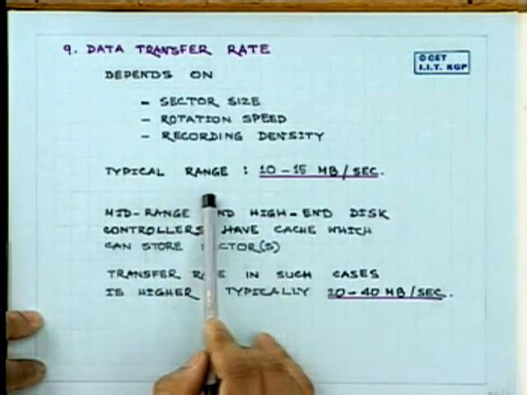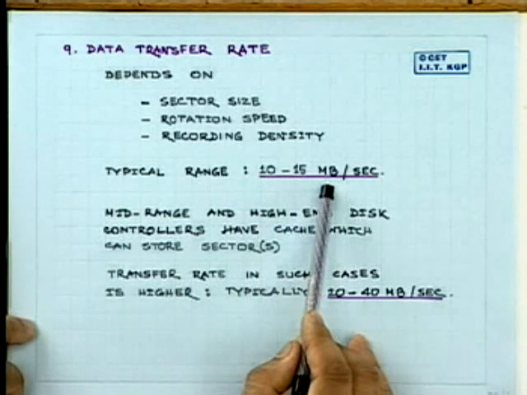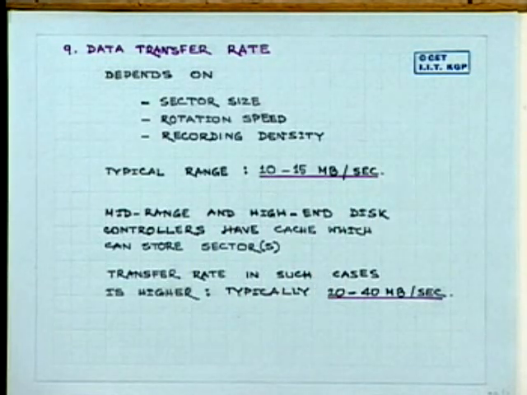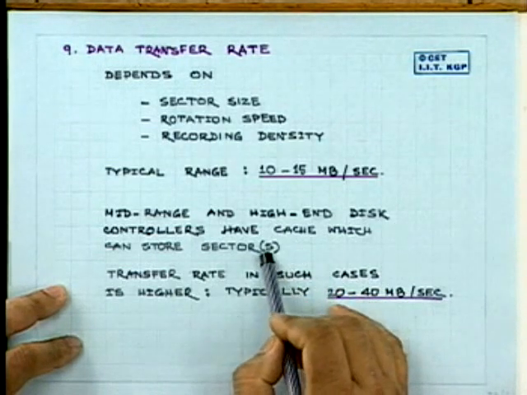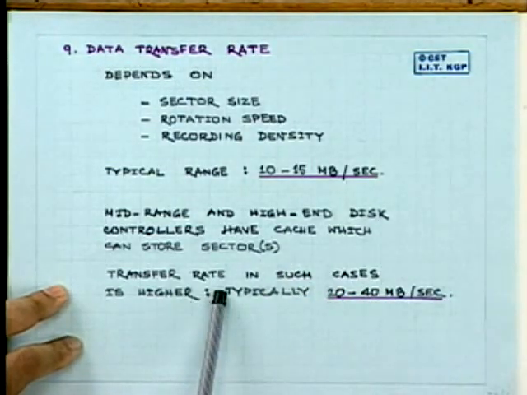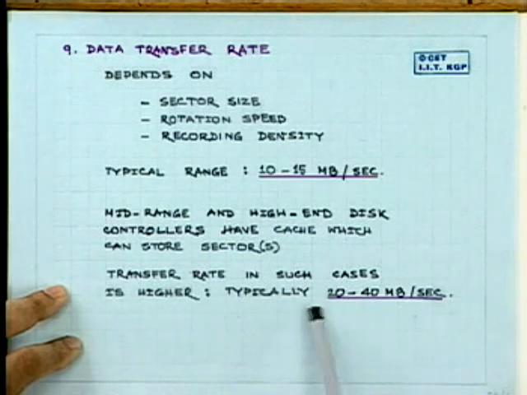The typical range is 10 to 15 megabyte per second. Now the mid-range and high-end disk controllers have cache in the controller itself, which can store several sectors, and in that case the transfer rate increases and the typical figure may be 20 to 40 megabyte.